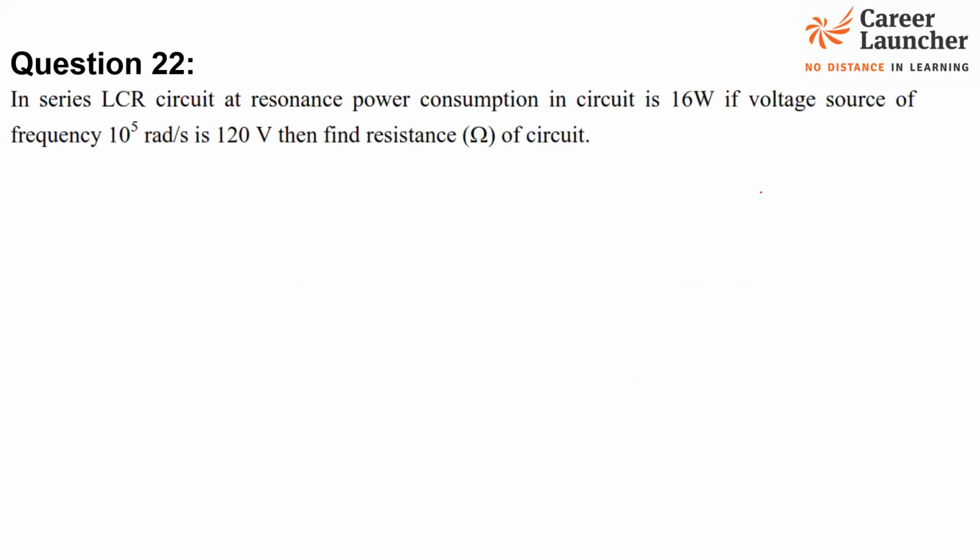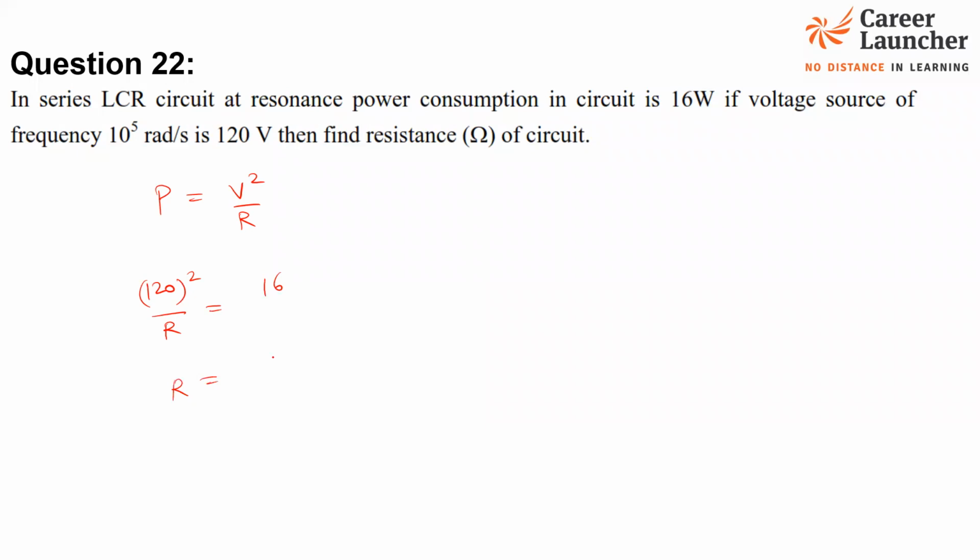Let's see the next one. In a series LCR circuit at resonance, power consumption in the circuit is 16 watt. If the voltage source's frequency is 10 raised to 5 radian per second and the voltage is 120 volt, then what is the resistance of the circuit? Power is V square upon R, so 120 square upon R is 16.